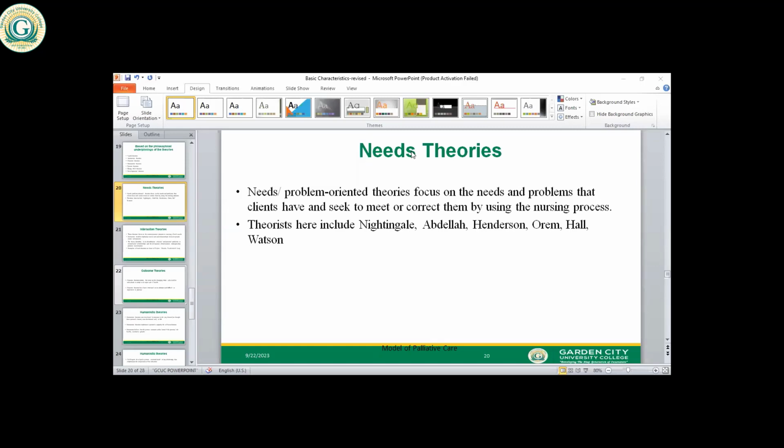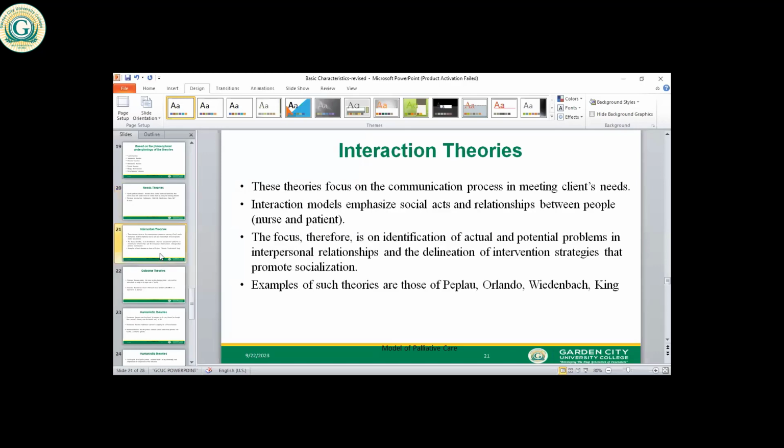They focus on the needs and problems that patients have, and seek to meet or correct those needs using the nursing process. So that is the needs theory.